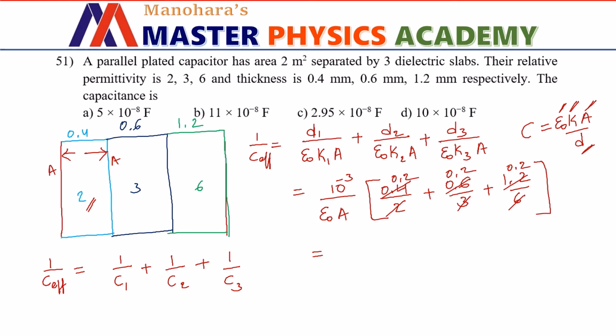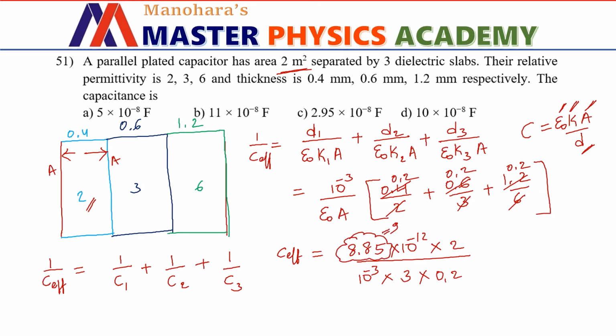But what we need to know is C effective, right? So let us take the inverse of this. So epsilon naught A is there in the numerator. Epsilon naught value we know is 8.854 into 10 to the power minus 12, into area of cross section, that is given as 2 meter squared, divided by 10 power minus 3 into 3 times 0.2. Now for quick calculation, let us consider this value equal to 9.